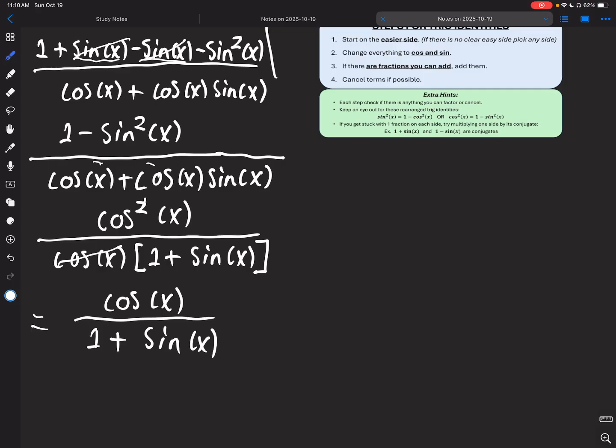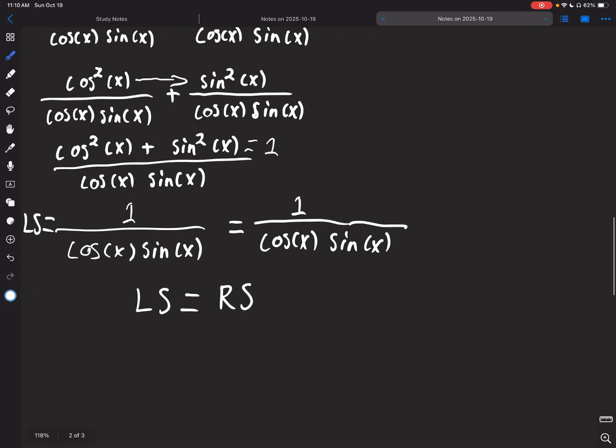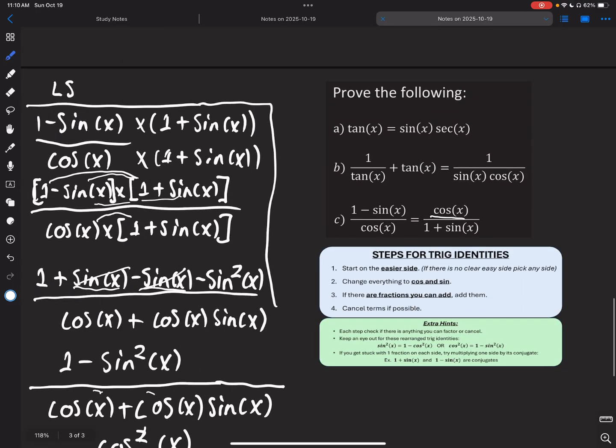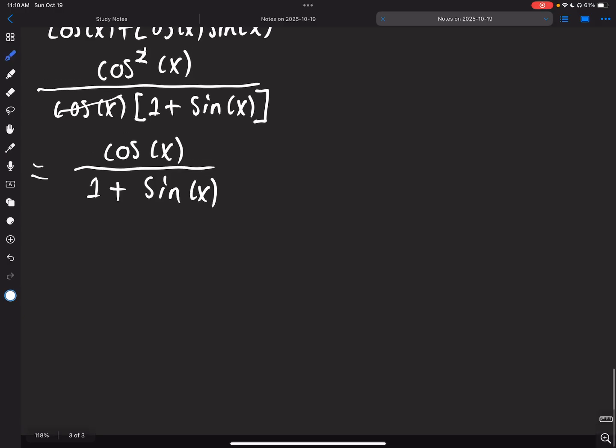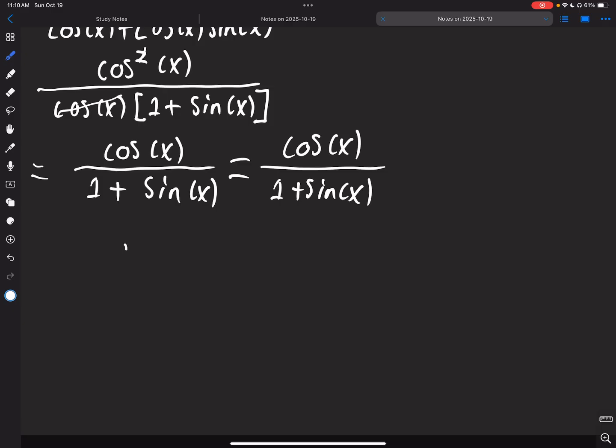Okay, and if we scroll back up to the top now, our right side at the start of this question was equal to cos x over (1 + sin x), which is what we have now. So we just proved that our left side is equal to our right side. We'll write it out here just to show it. So left side is equal to right side.